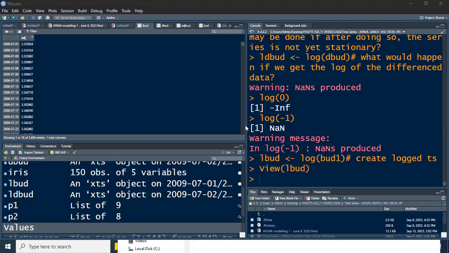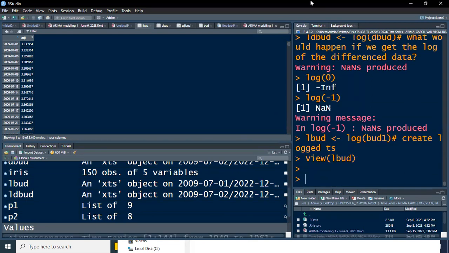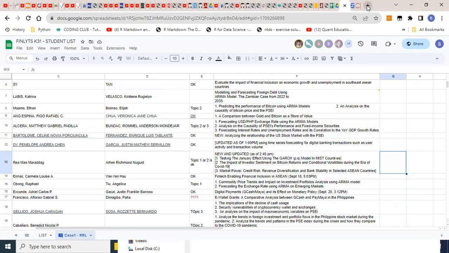I'll discuss it in a while. It's important, class, to know that when you get the log of the numbers, it cannot be zero. It's asymptotic. If you plot, okay, let me just show you, class. Let's look at it on the internet so I don't have to draw.